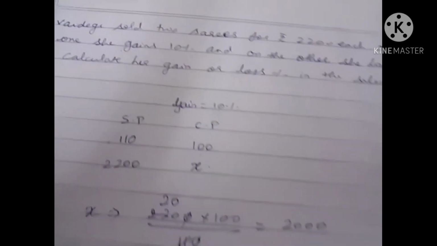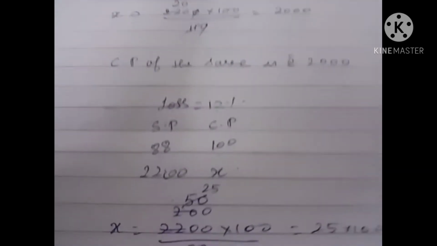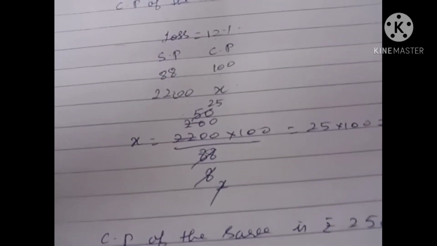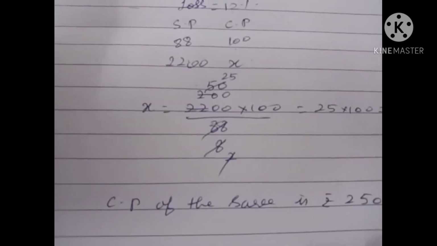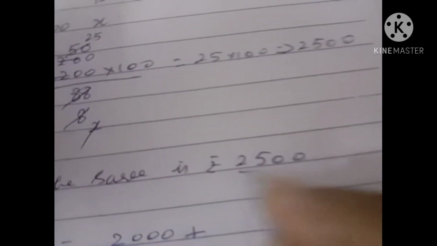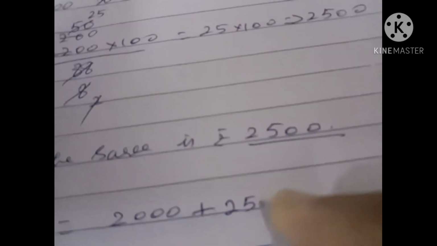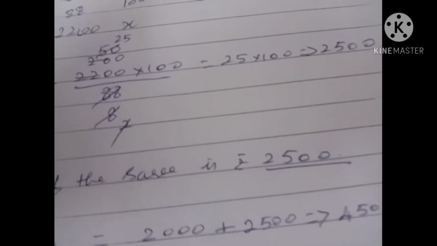Now they ask you to find whether there is a loss or a gain. So for that you have to find the total CP and total SP. Total CP is equal to 2000 plus, the first one is 2000, the second one is 2500, so the total CP is equal to 4500.